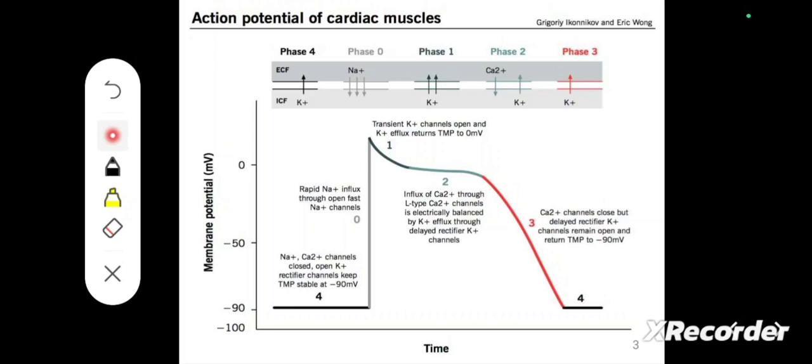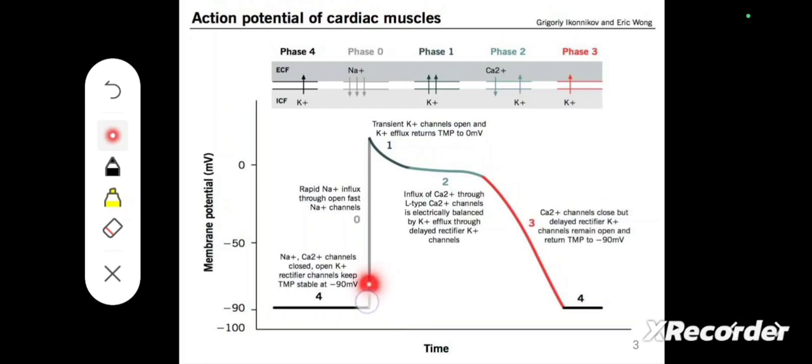When one myocyte leaks the positive ions to the adjacent myocytes, there is a change in potential and it achieves the minus 70 millivolt threshold potential. In myocytes, minus 70 millivolts is the threshold potential.